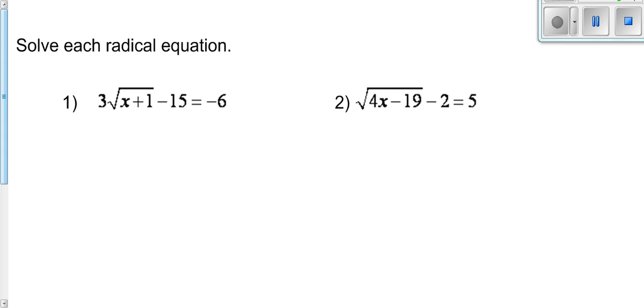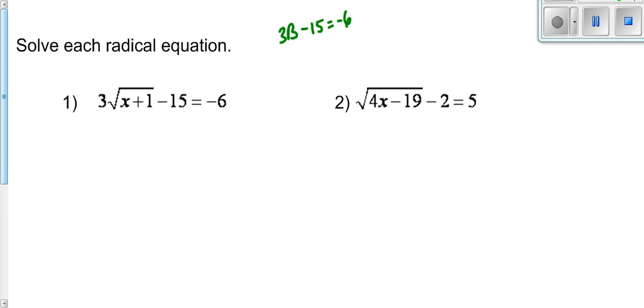So, number 1, we have 3 times the square root of x plus 1 minus 15 equals negative 6. Kind of like when we did absolute value equations, there's a big difference between inside and outside. Things that are outside, just like if we had 3 times b minus 15 equals negative 6, the first thing we do is add 15 to both sides.